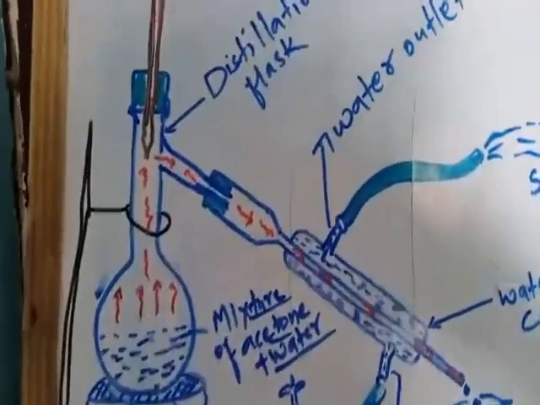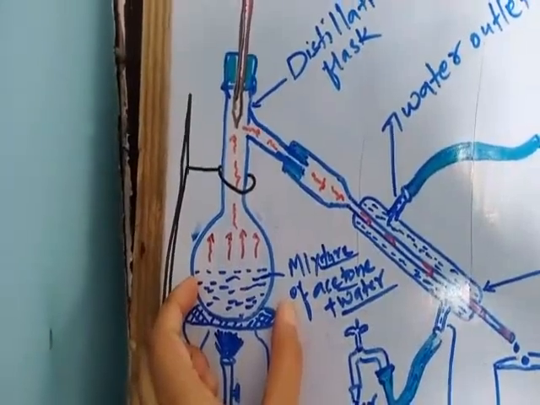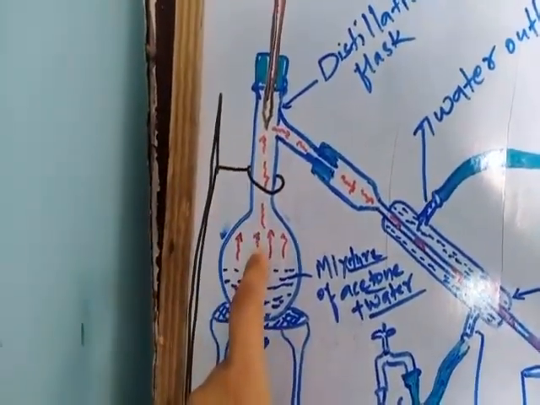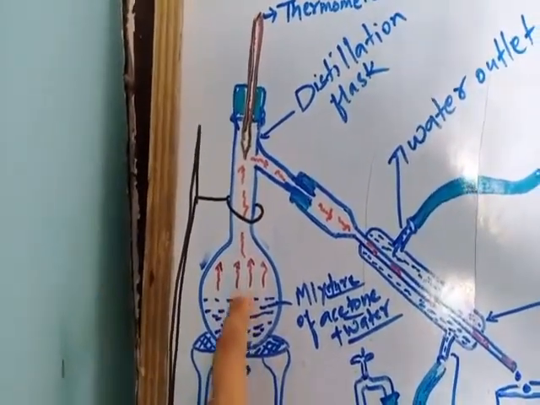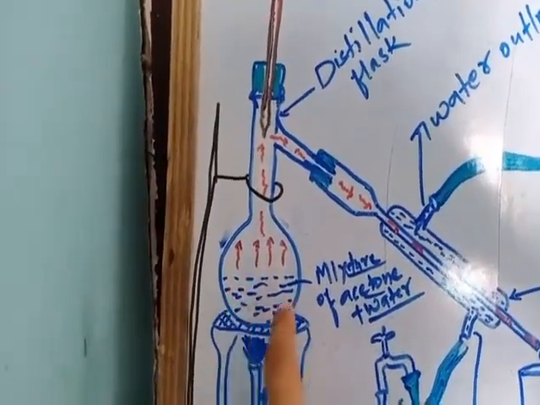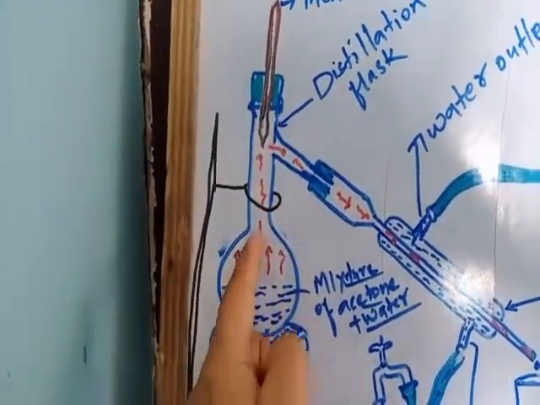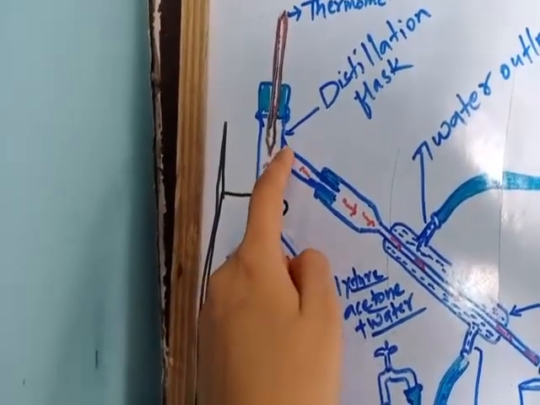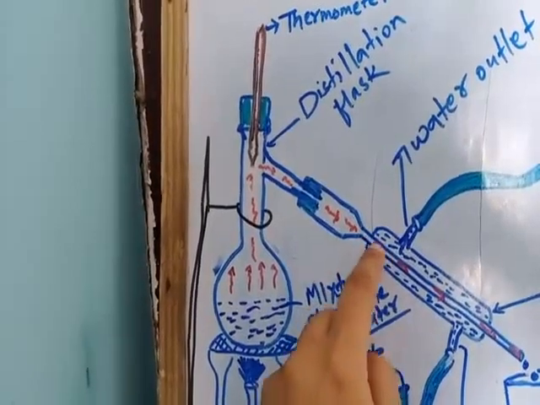Okay, so we will take the mixture here in the distillation flask and start heating it with the burner. When the temperature reaches 56 degrees Celsius, the acetone present in this mixture of acetone and water starts vaporizing, goes upward, and soon enters the condenser chamber.